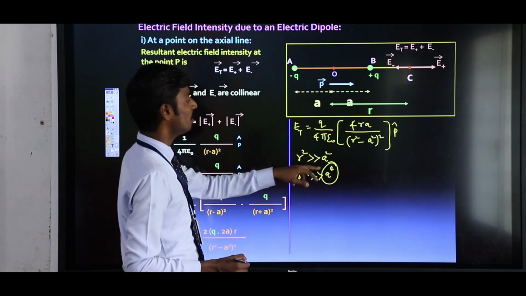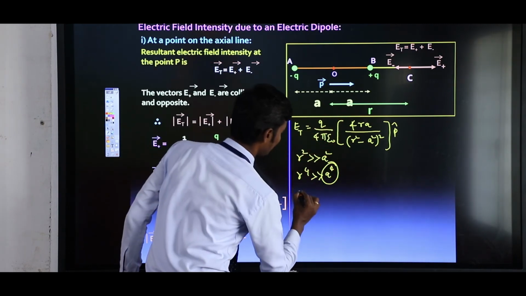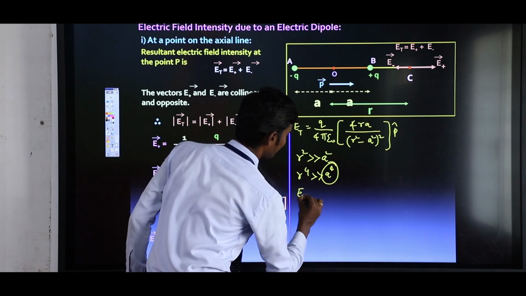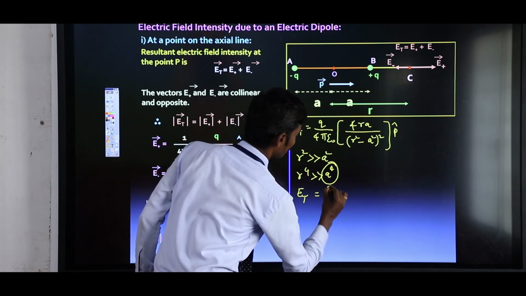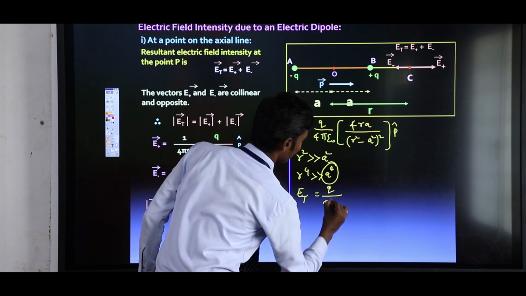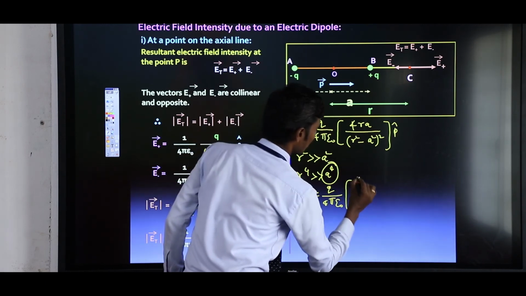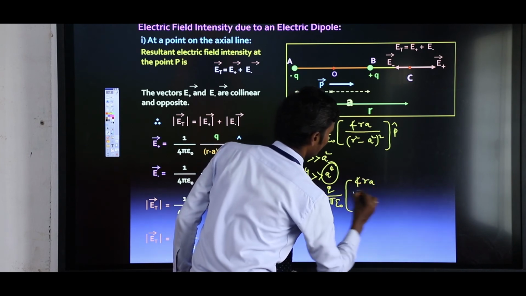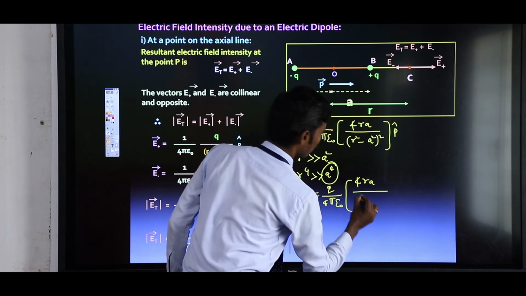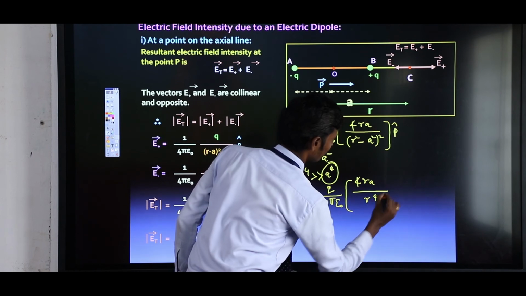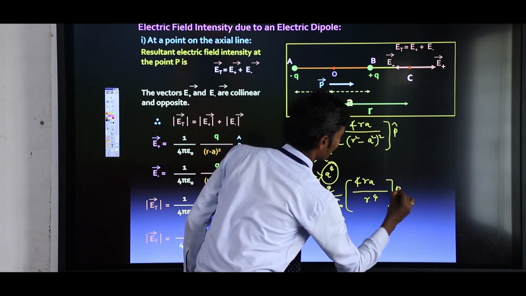Okay. So substituting this value in the above equation, the total electric field at a point C, E total equal to Q by 4 pi epsilon 0 into, what is the value? 4ra divided by, here r power 4 only, r power 4 into P cap.